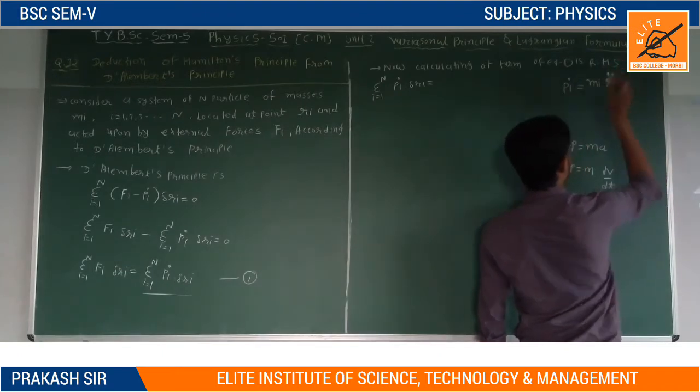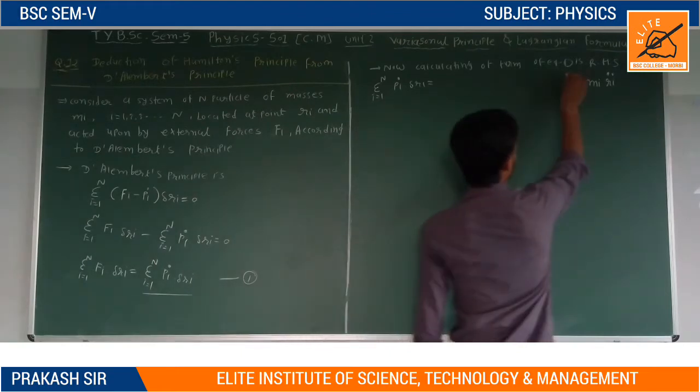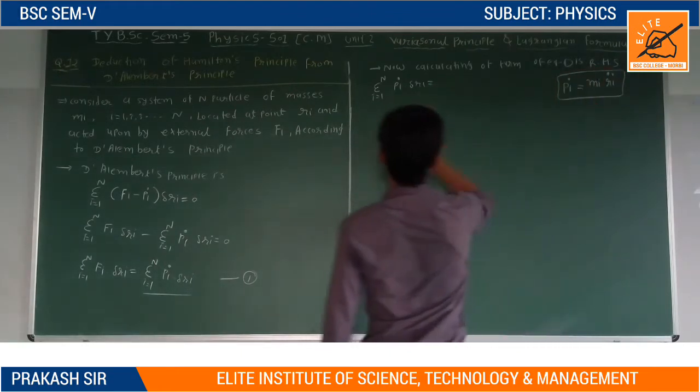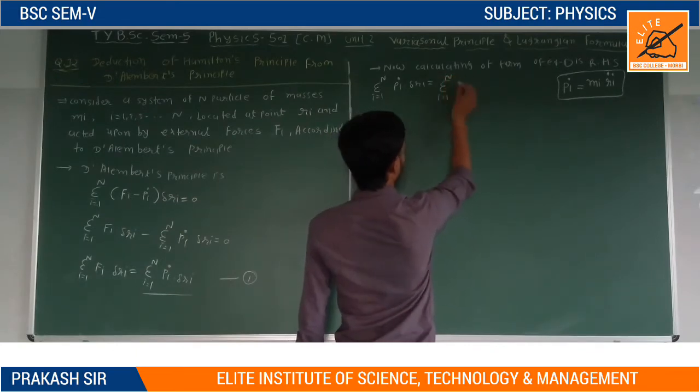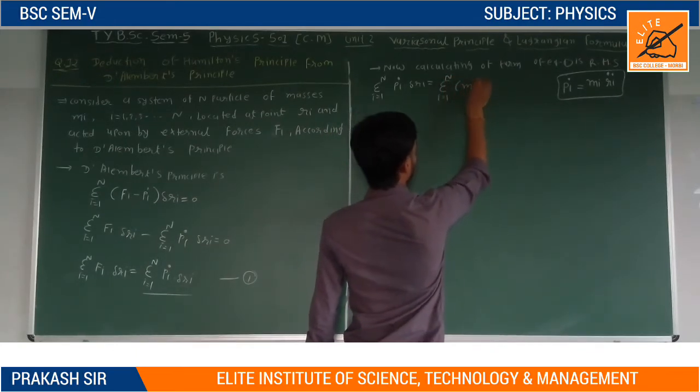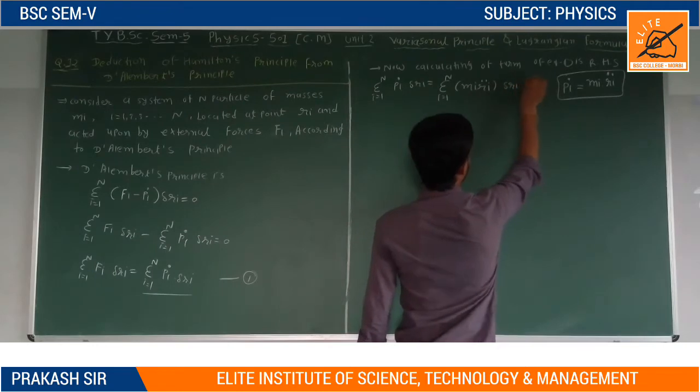So the summation over 1 to n of pi dot equals mi ri double dot into delta ri.